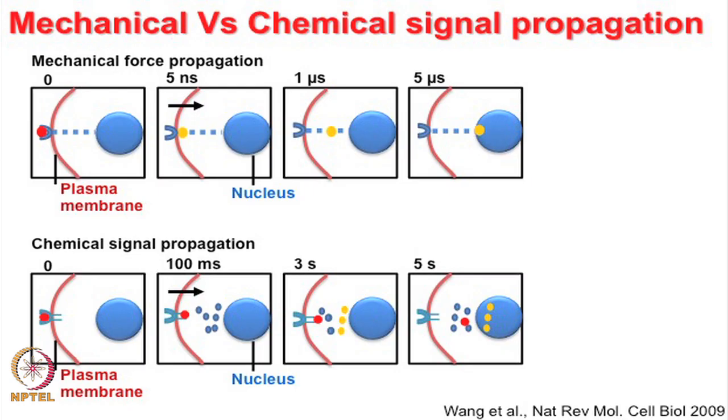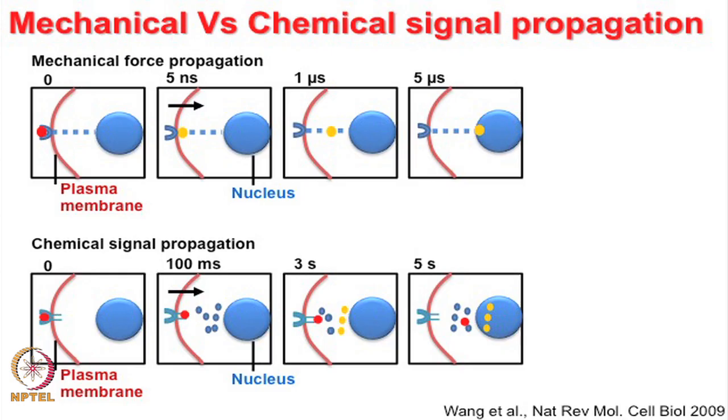This schematic shows that if you had a physical linkage between the outside of the cell and the inside, then any signal from the outside can get propagated all the way to the nucleus in as little as 5 microseconds.